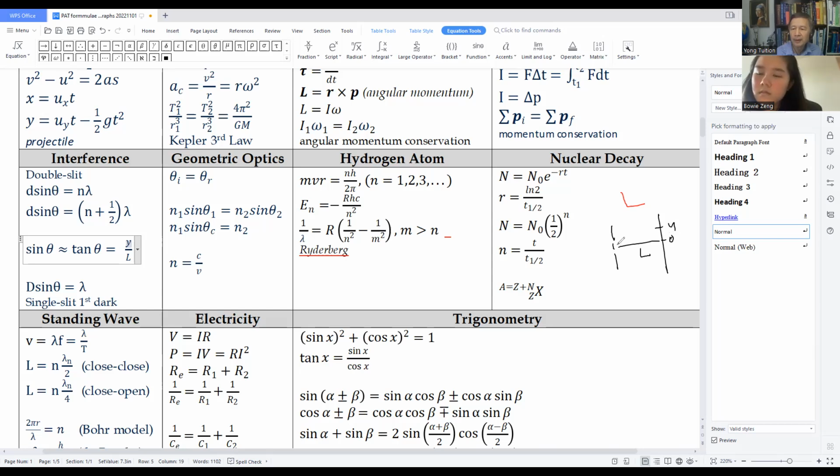Can you see? That will form the angle theta. So in this case, tan theta is equal to y over L. Can you follow me? So this is the screen, and the light comes from this direction, so we get these fringes here. I will include this diagram for you.